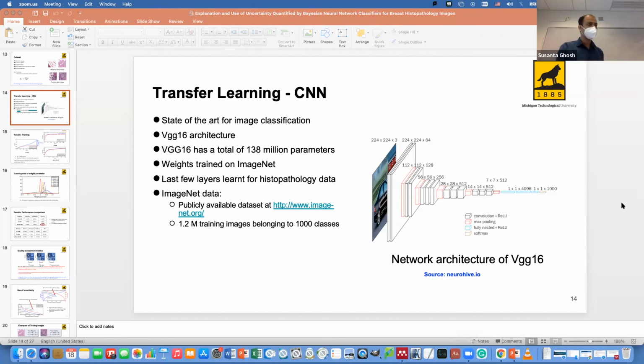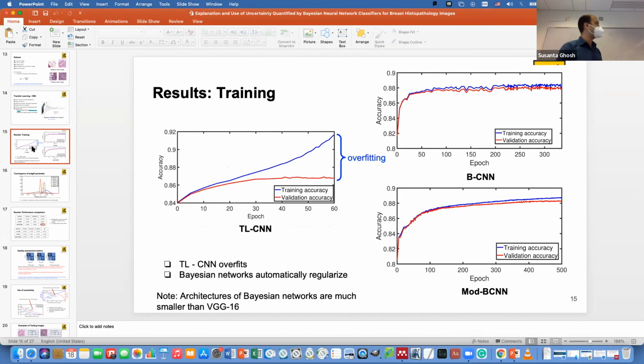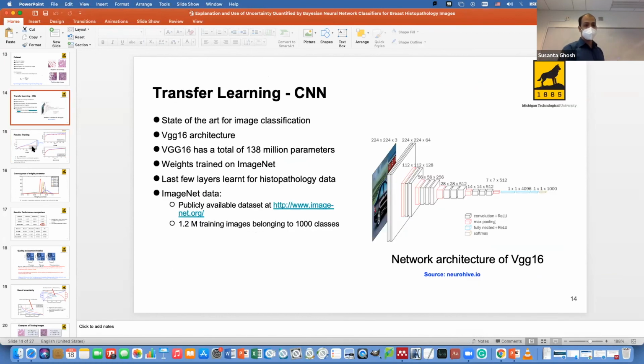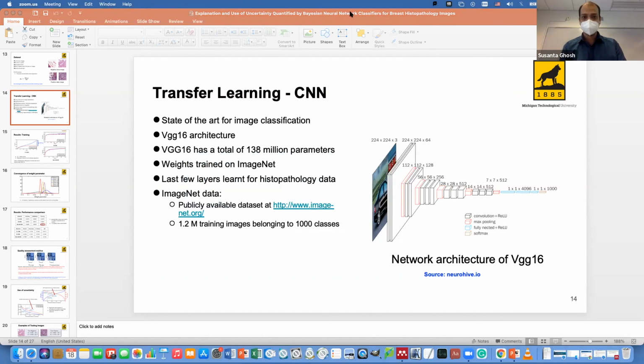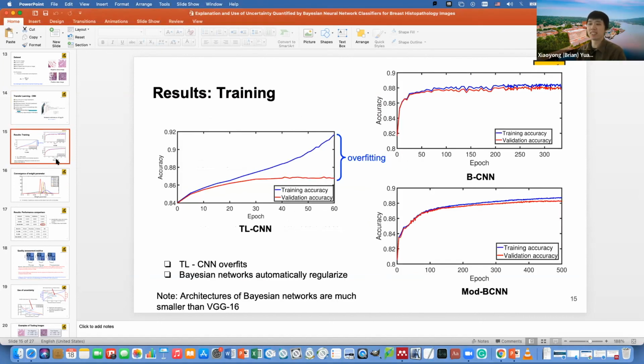So we did not compare with anything other than the deterministic transfer learning networks, but maybe it will be a good idea to compare with other types of ensembles. So we did not do that. Okay, thank you.